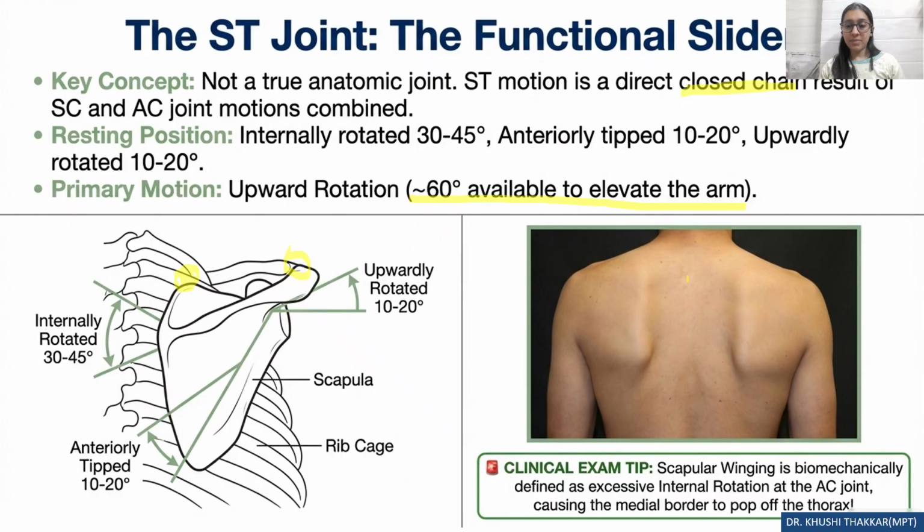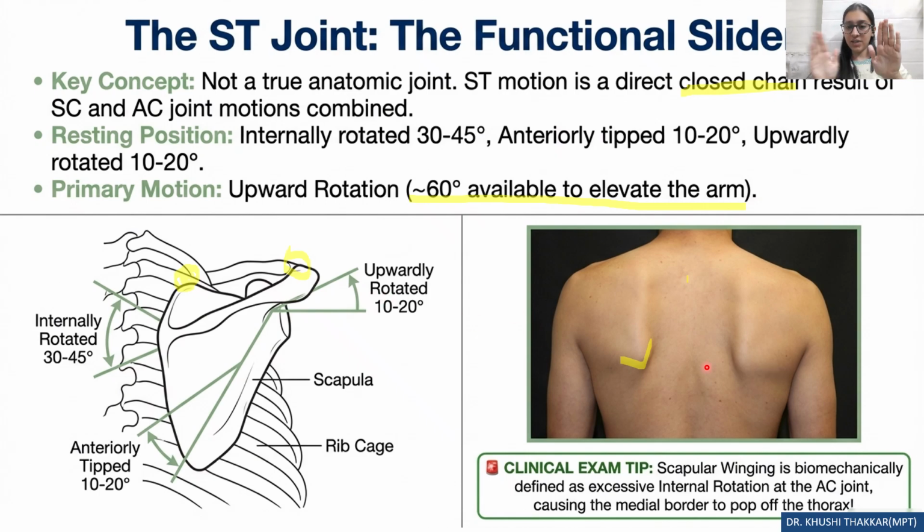Remember for your exams that scapular winging is biomechanically defined as excessive internal rotation at the AC joint. So here you see the inferior angles of the scapula pointing outwards, that is abnormal. This is called winging of the scapula. Scapular winging is defined as excessive internal rotation at the AC joint because the scapula comes like this.